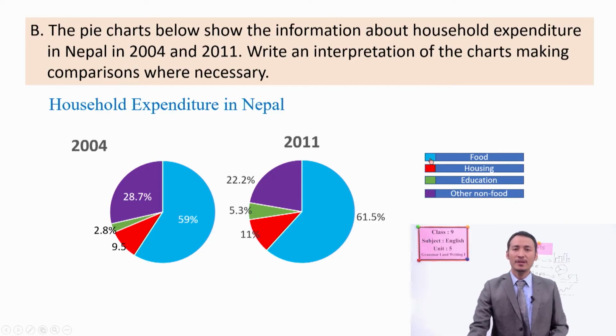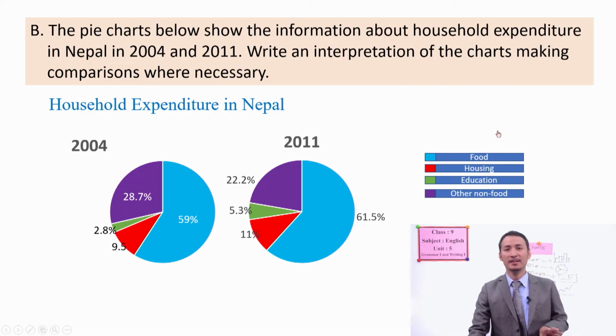Okay, so here we have color symbols. Blue is for food, red is for housing, green is for education, and purple is for non-food items. Now you can observe this chart and find out the situation in 2004 and 2011.